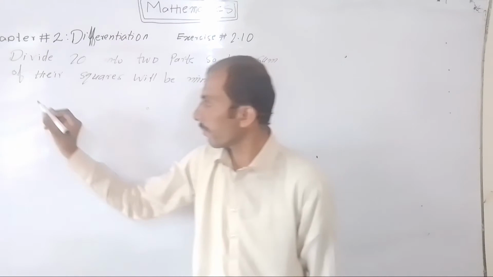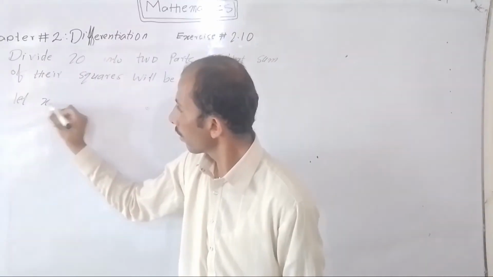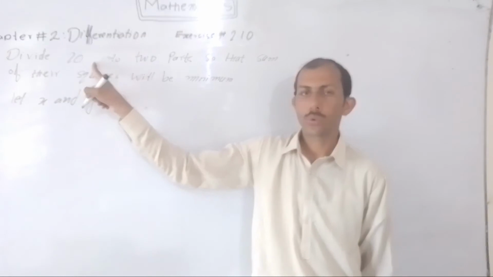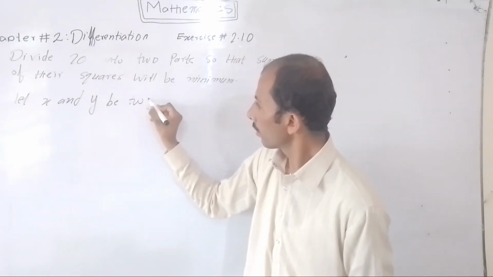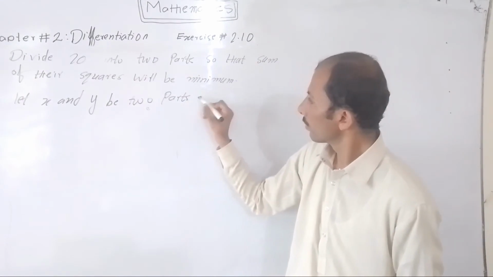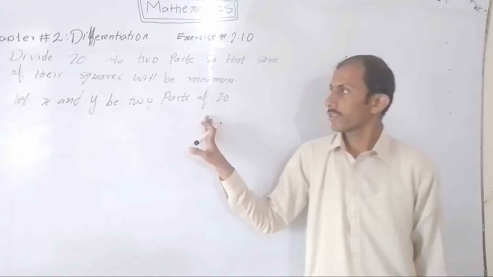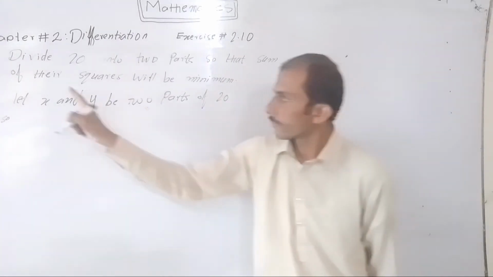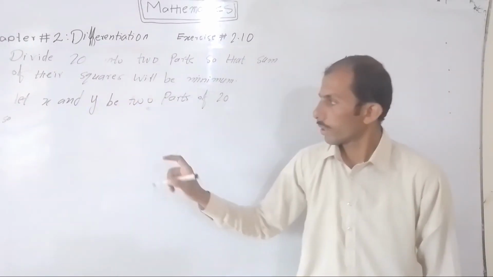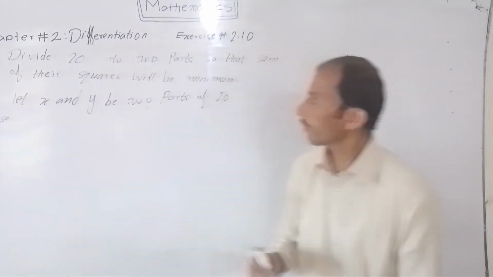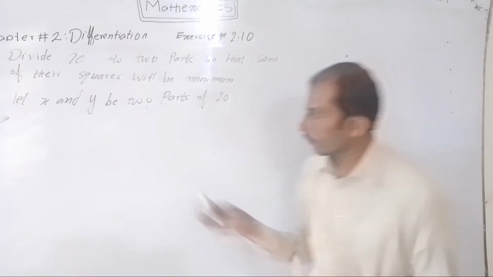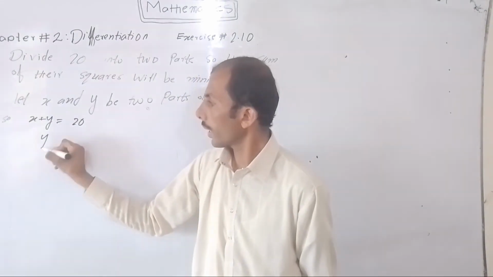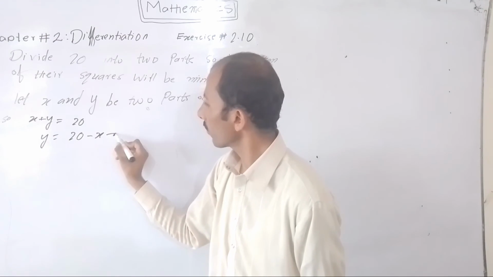Let x and y be 2 parts of 20, so that sum x plus y is equal to 20. y is equal to 20 minus x, equation number 1.